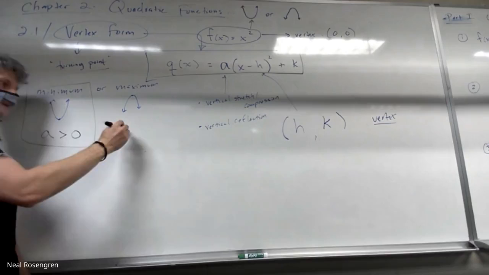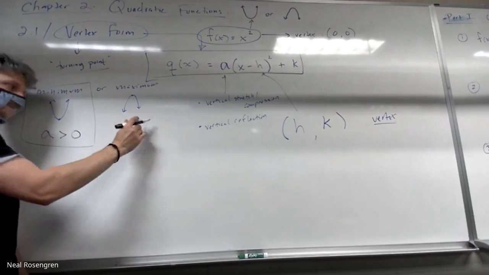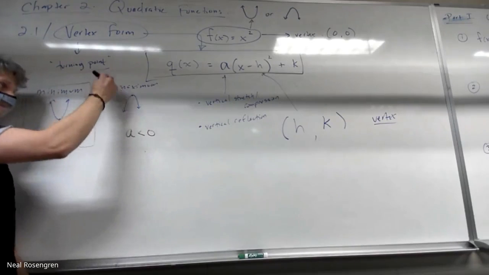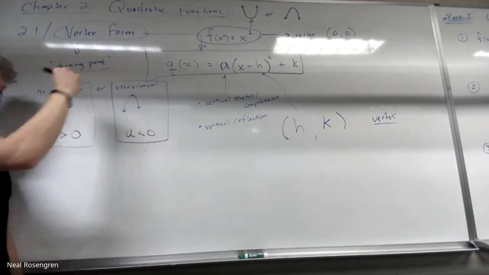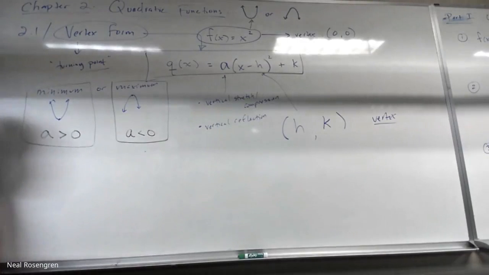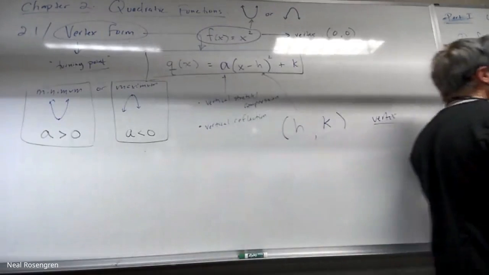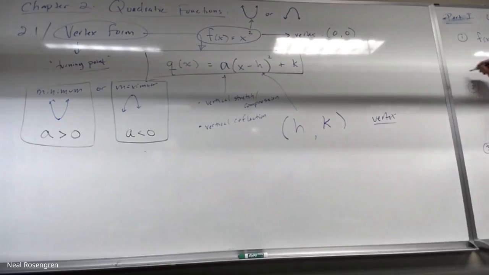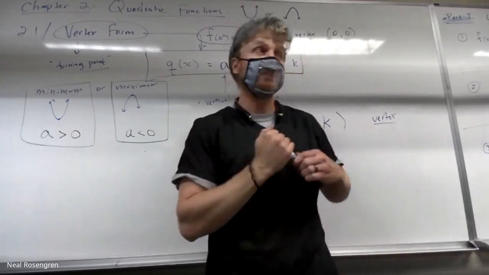Okay? If A is less than 0, it's going to have a maximum. And so I don't even have to graph these to know whether my vertex is a min or a max. I just have to look at the sign of that first number.